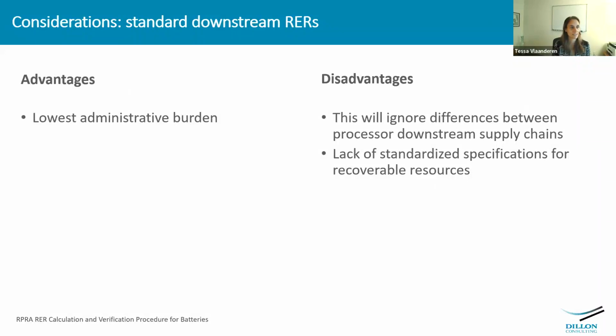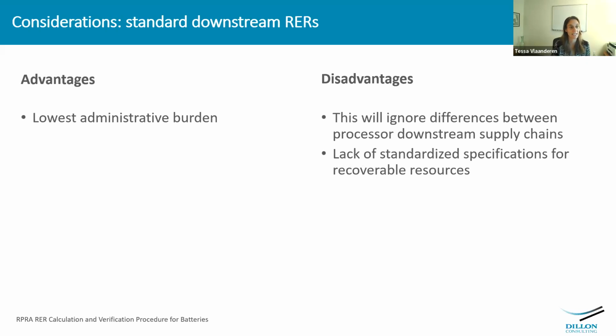So for the standard downstream RERs, this is a very low administrative burden, so that's an advantage. However, similar to the definition of what is a recovered resource by just tying that to the commodity type, a standard downstream RER also ignores differences between processors and their supply chains.